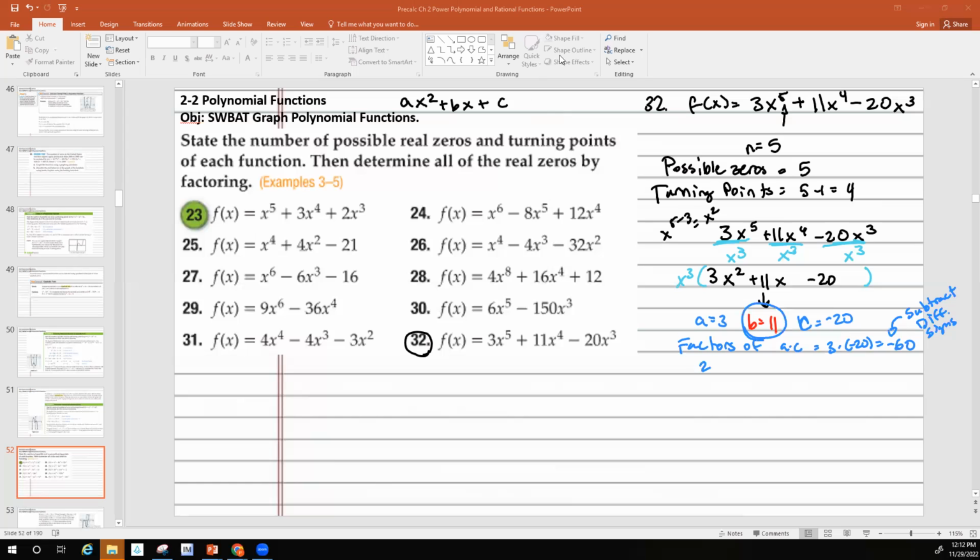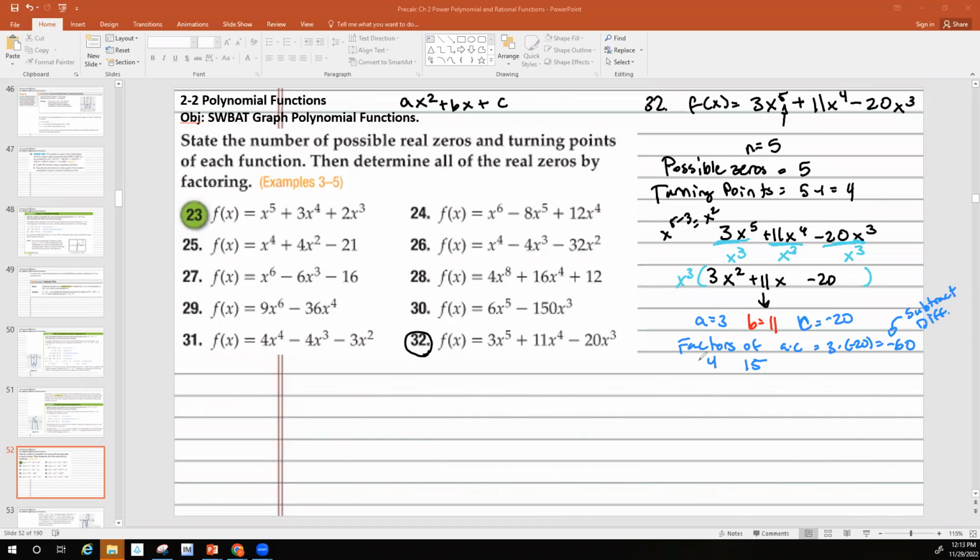If we subtract 1 and 60, it's definitely not going to be 11. 2 and 30, definitely not 11. 3 and 20, not 11, but that's close, 17. 4 and 15, that is going to give us 11.